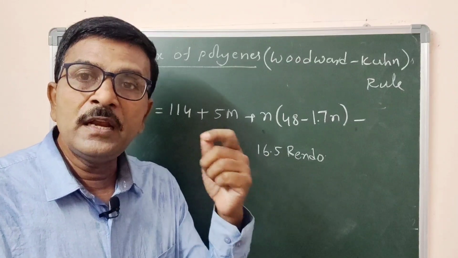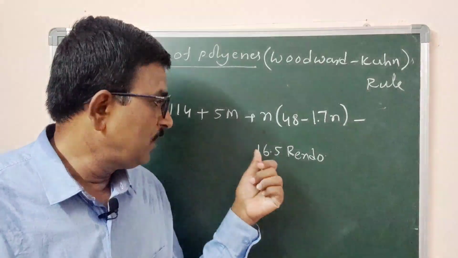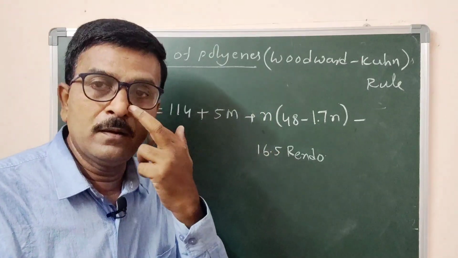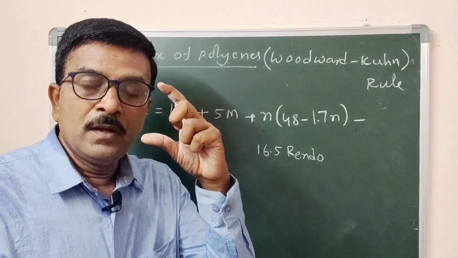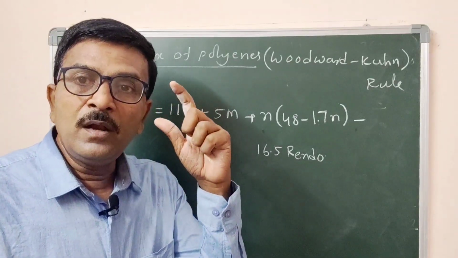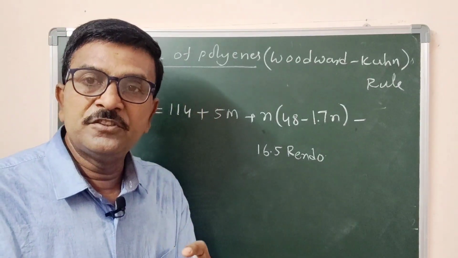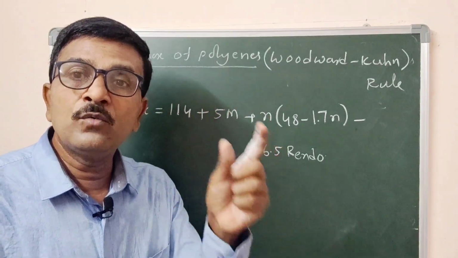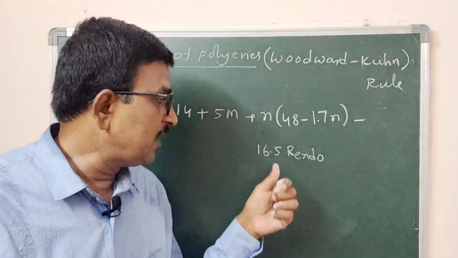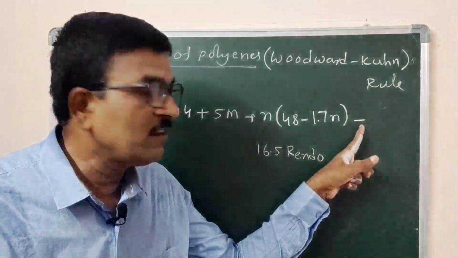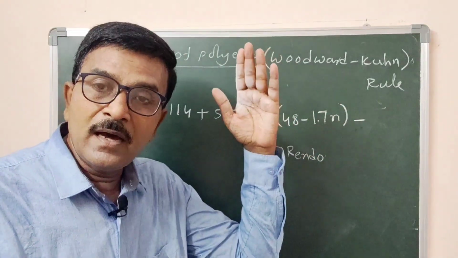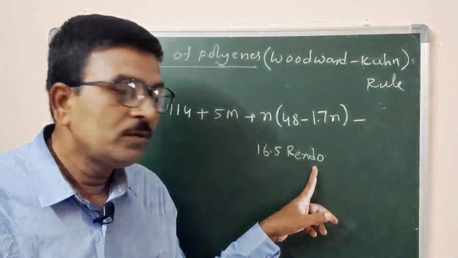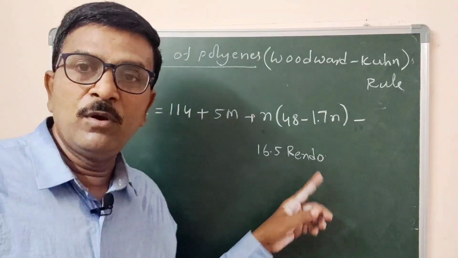Each endocyclic double bond effect is 16.5 nanometer towards hypsochromic. Are you following? An endocyclic double bond attached with a conjugated system causes absorption maxima to be shifted towards hypsochromic by about 16.5 nanometer. Therefore, this is minus. Lambda max decreases. Minus 16.5 into number of endocyclic double bonds.